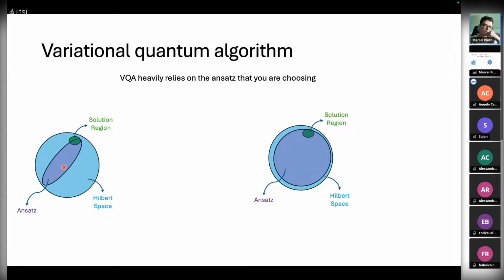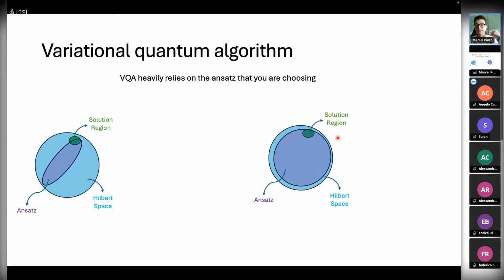Ideally, you want your ansatz to overlap this green region, which is the solution, because the solution you want lies in this region. One can think, okay, we can make the ansatz as expressive as possible to cover all the Hilbert space, then just let the classical optimizer find the parameters. This is the case that I depict here.